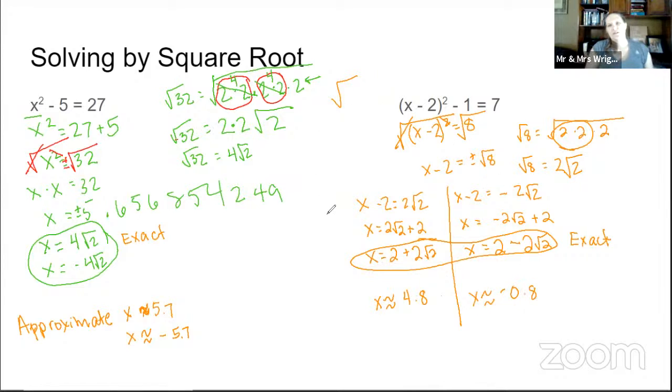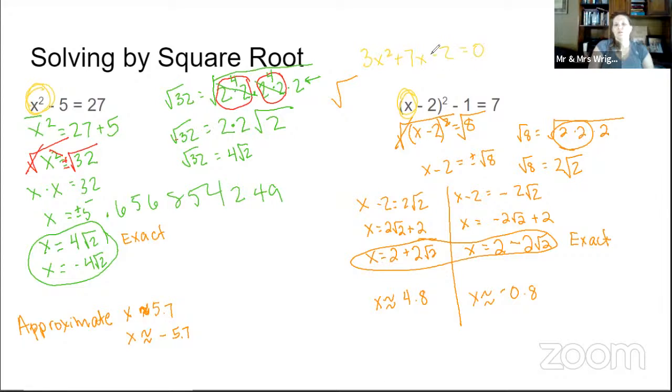Now, one thing you notice in these equations is that there's only one term that has a variable. There's one term with a variable here and one term with a variable here. So when you solve by square root, you're not going to be able to do it if it's something like we started with 3x squared plus 7x minus 2 equals 0.